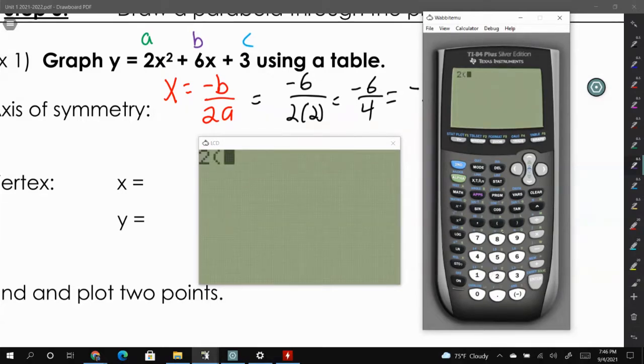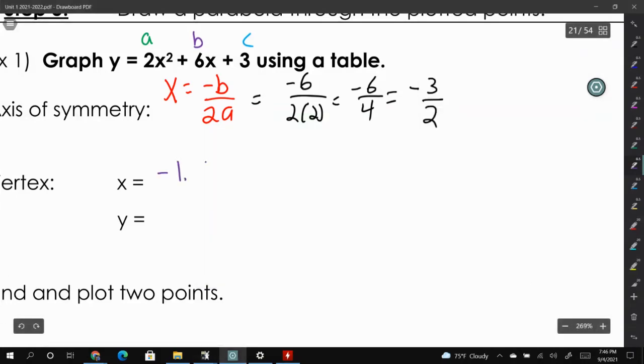So 2 times negative 3 over 2, squared, plus 6 times negative 3 over 2, plus 3. So you get negative 1.5.